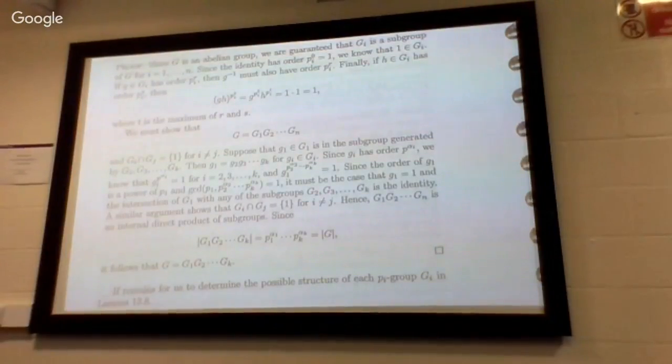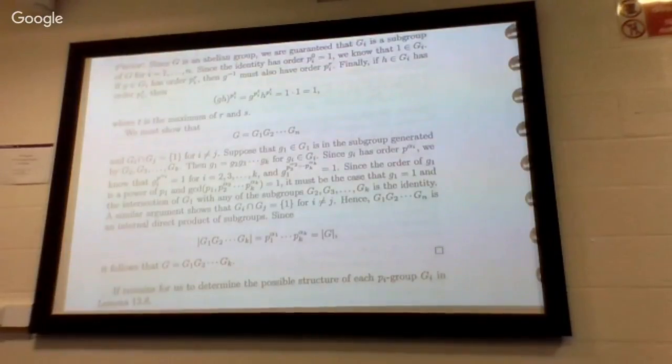Then if I raise it to a higher power of p_i, let's say r plus 5, well, that means you can write it as g to the p_i to the r, itself raised to the power p_i to the 5.